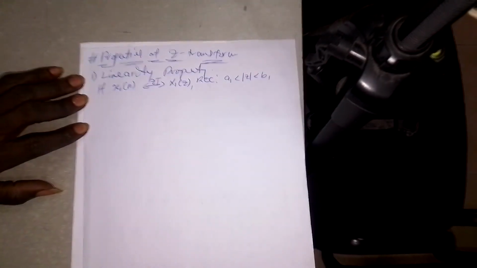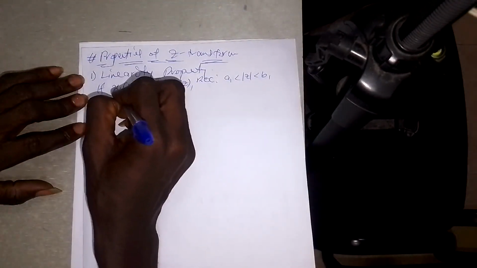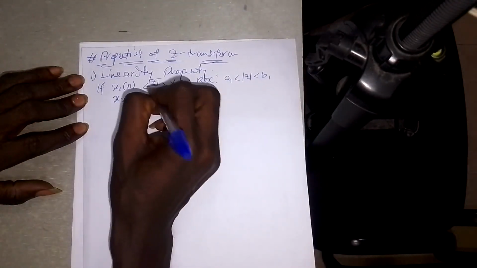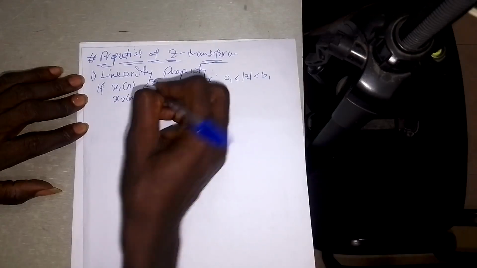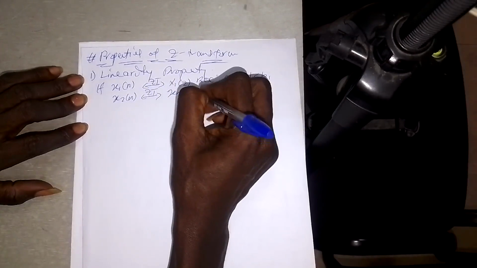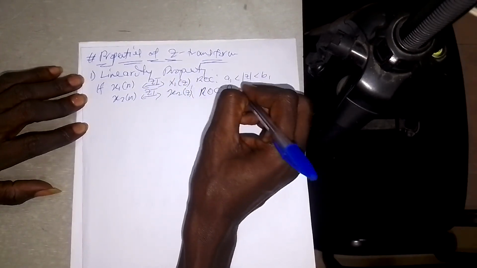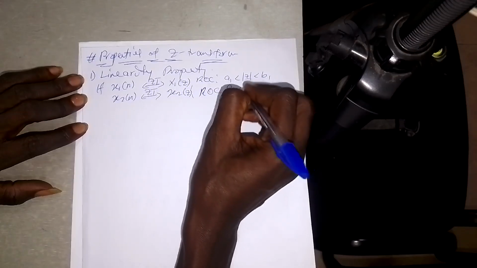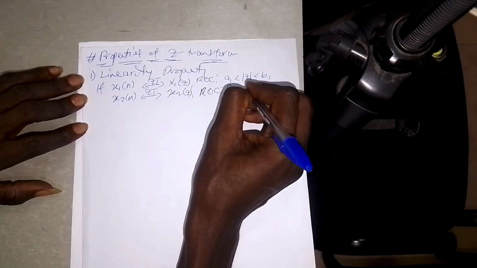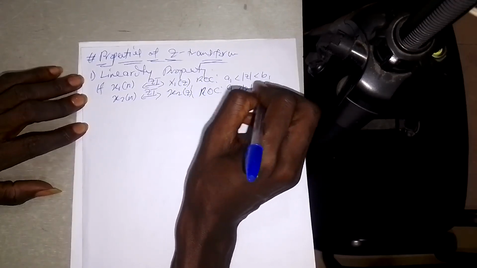Then you have another one, x2 of n, which also has a Z transform of X2 of Z, and it has an ROC of, let's say, A2 less than mod Z less than B2.